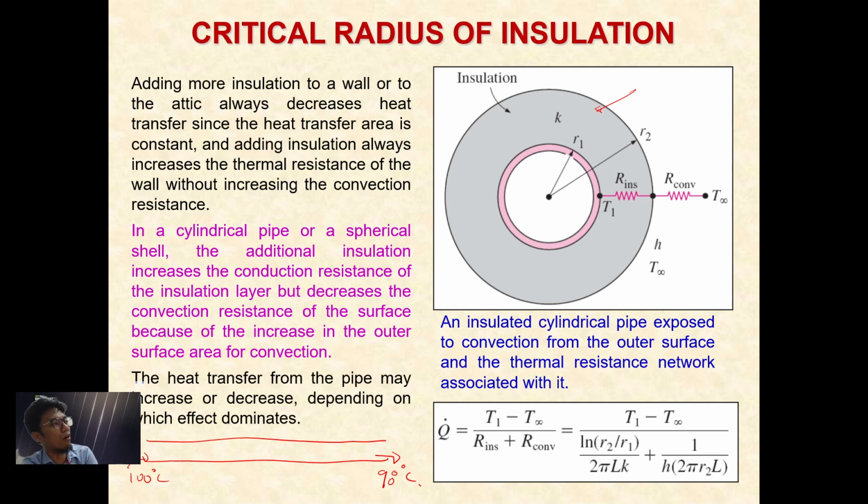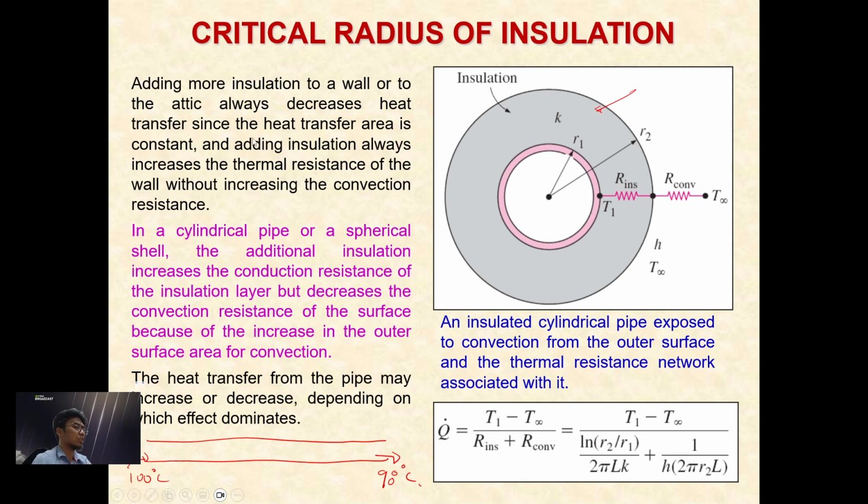How thick of insulation is required to minimally reduce or decrease heat transfer, since adding more insulation to a wall or to the attic always decreases heat transfer, since the heat transfer area is constant.